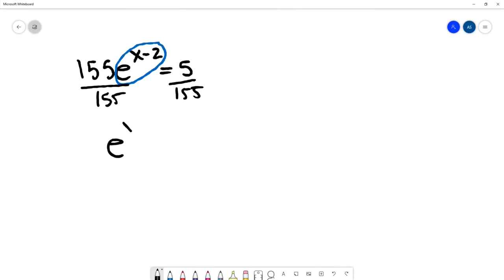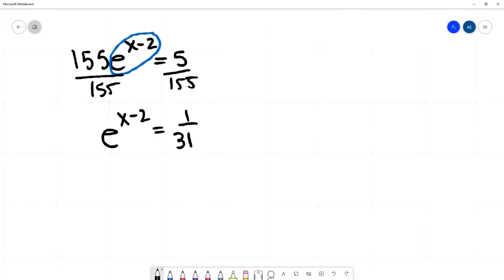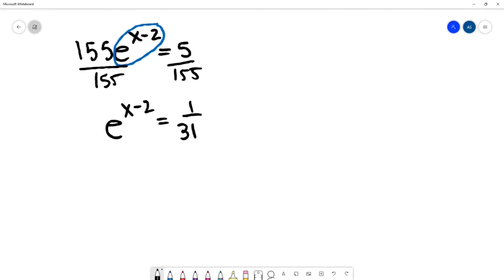155 cancels on the left, and we have e to the x minus 2. And then on the right, we can reduce. 5 goes into 5 one time, and 5 goes into 155 31 times. Now that we have the exponential isolated, you can take the natural log of both sides to cancel out the e.